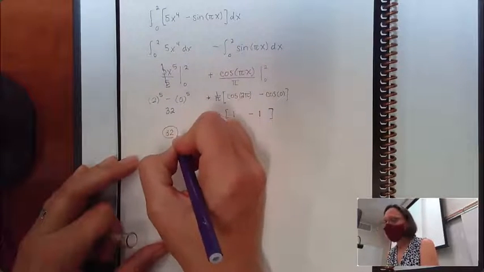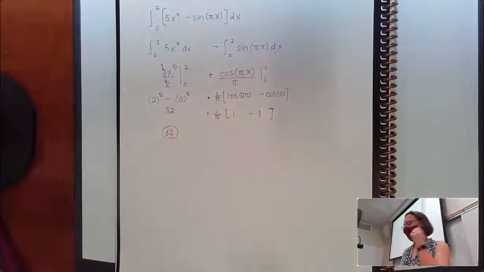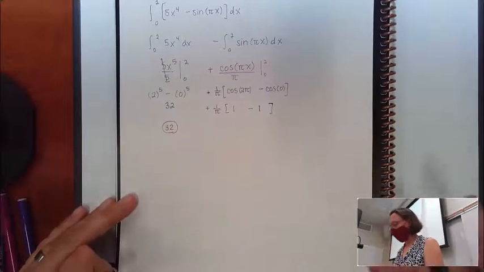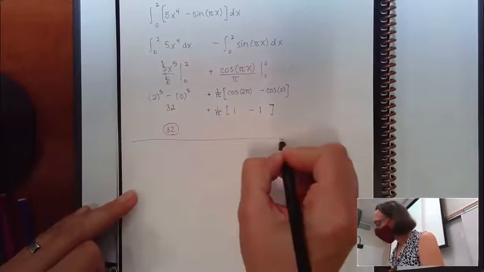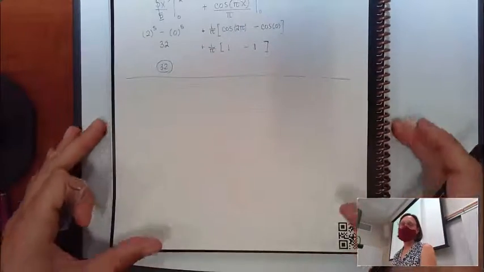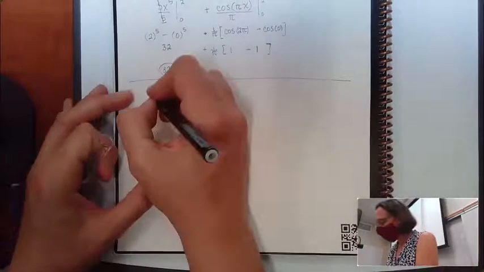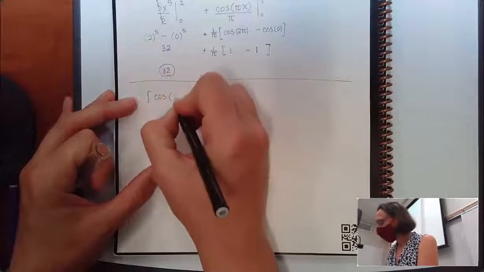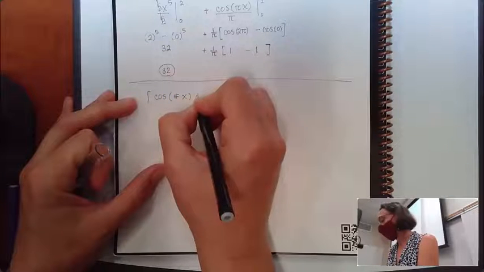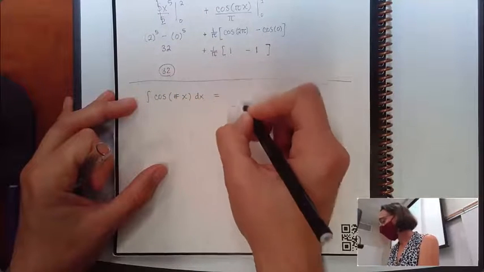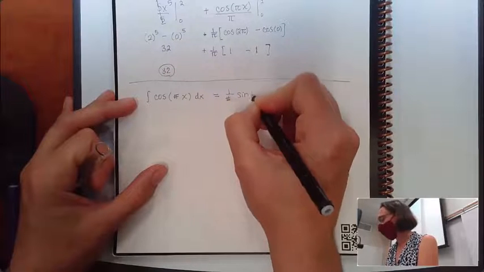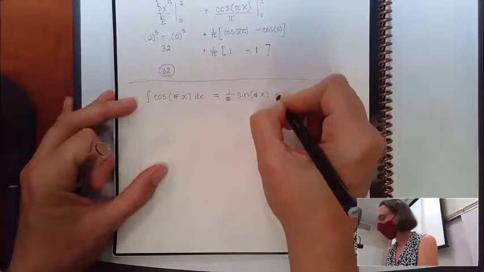And there's a question in the chat about how I knew to divide by the pi, and it is because it's just a constant. So if we were to quickly take a look at our trig stuff, if I integrate cosine of some number times x, what I get is 1 over that number times sine of the number times x.